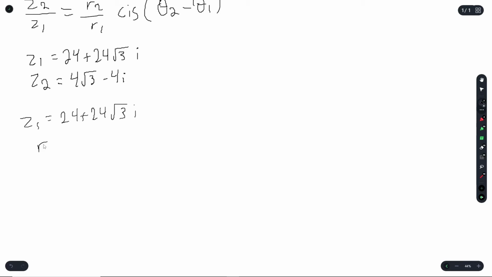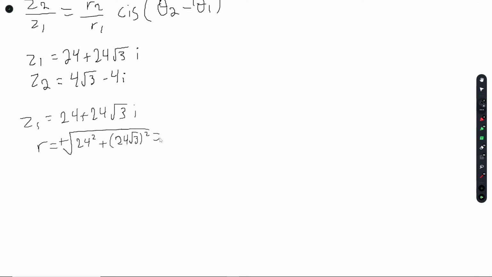First of all, we need the r, so r is equal to the radical of 24 squared plus 24 radical 3 squared, which gives us 48. And then to get the theta, we need to determine the quadrant first. X and y are both positive, so it's quadrant 1.